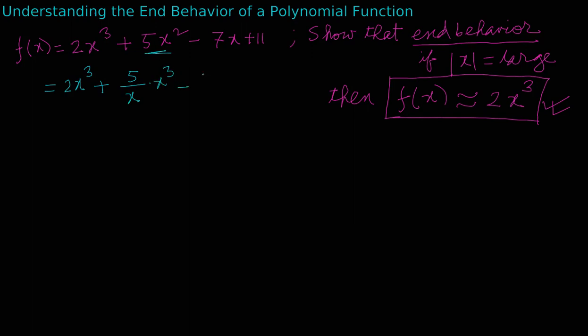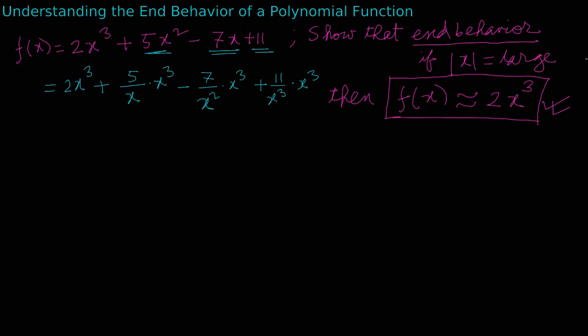Then negative 7 over x squared multiplied by x cubed gives me negative 7x, and 11 over x cubed multiplied by x cubed gives me positive 11.